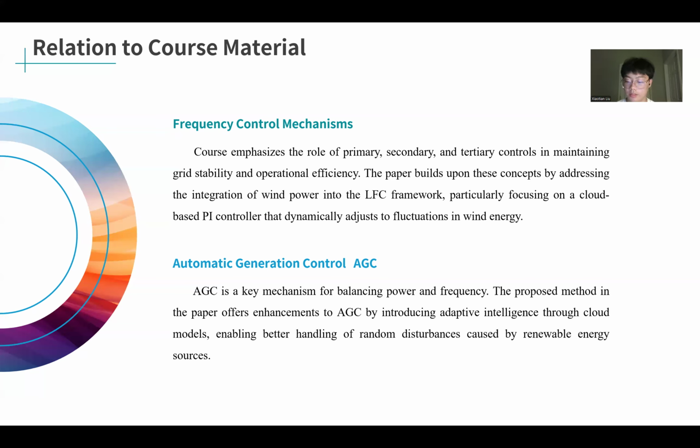It measures the differences between the actual frequency and nominal frequency. The difference between actual and scheduled tie-line power flows in multi-area systems is also AGC's work. It adjusts the power output of selected units. The AGC can eliminate frequency deviations and tie-line power errors.